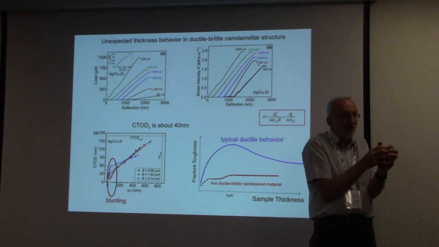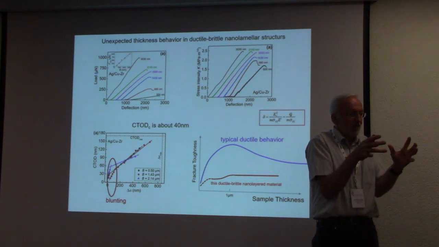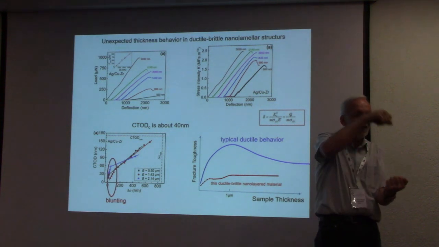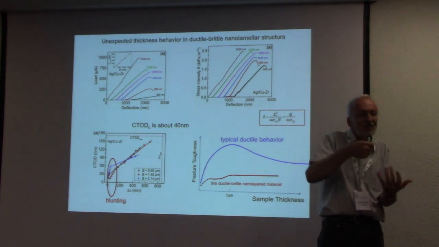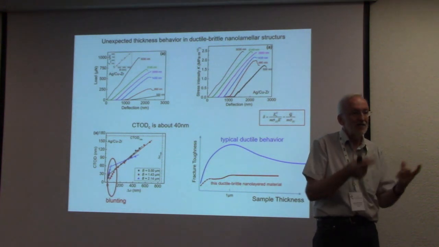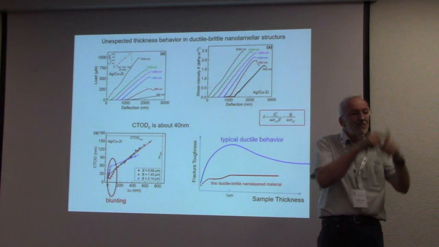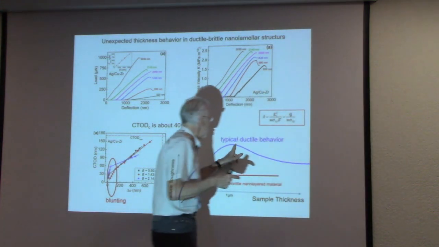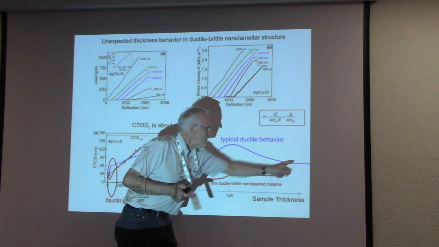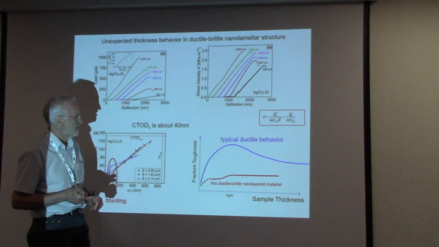And this causes a nearly spheroidized growth of the pores very fast. Whereas in the plane stress case, also the growth of pores is significantly retarded. Therefore, the crack tip opening displacement under plane stress condition is significantly larger in this case than in the plane strain case, the critical crack tip opening displacement.